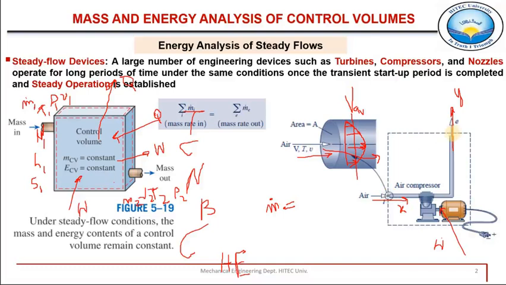Bulk average value means this whole mass of fluid has one fixed temperature, volume, pressure, etc. All those intensive properties have one fixed value, called the bulk average value of the fluid which is leaving or entering this control volume.